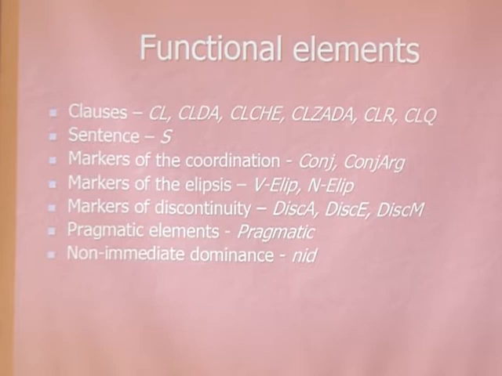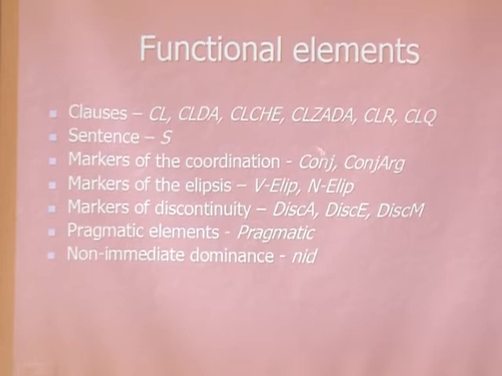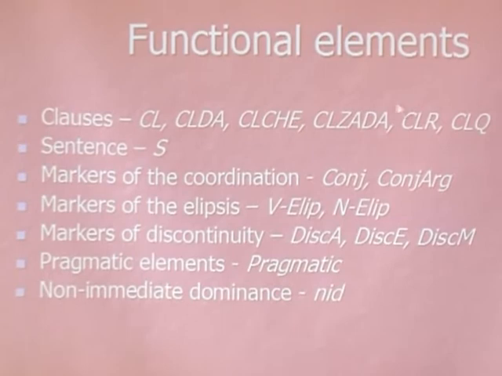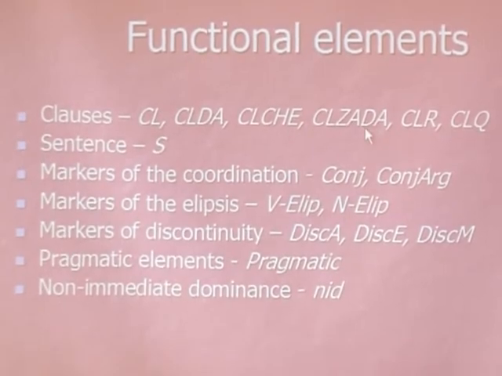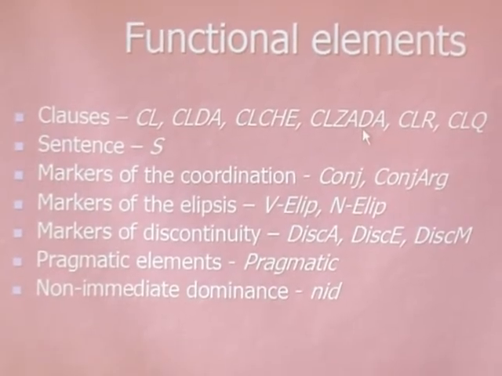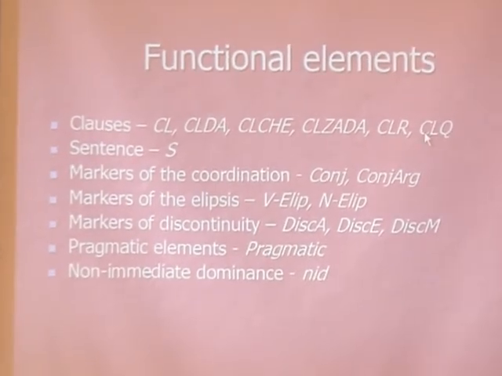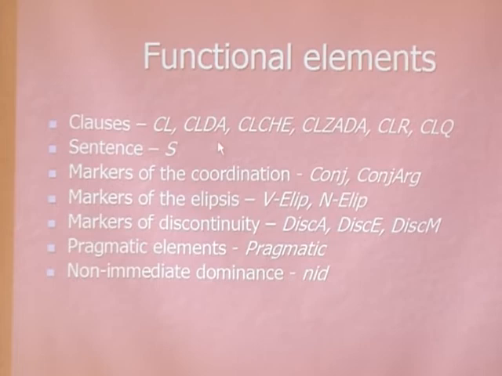And that's why they have these maybe not understandable labels, like close da, which is the particle da, close che, which in Czech would be že, the da would be something like abi, something like that, and the relative and questions. So it's really depending on the subordinator.